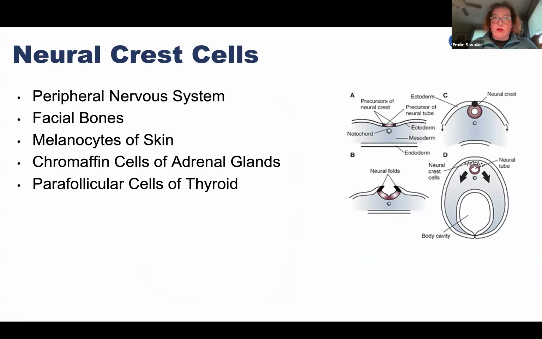Just as a quick note, chromaffin cells are part of your adrenal gland, and they release epinephrine, and it's activated by your sympathetic nervous system, or your fight or flight system. And your parafollicular cells of the thyroid release a hormone called calcitonin, which lowers the blood calcium by stimulating osteoblasts to form new bone and inhibiting osteoclasts from breaking it down.